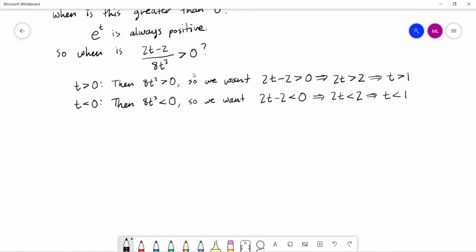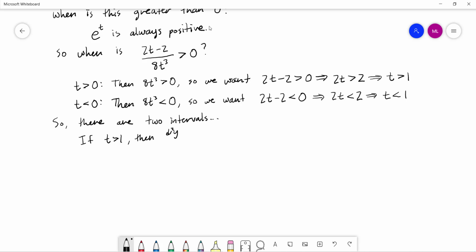So there are two intervals. If t is greater than 1, then both the numerator and denominator will be positive, and the whole result will be positive.